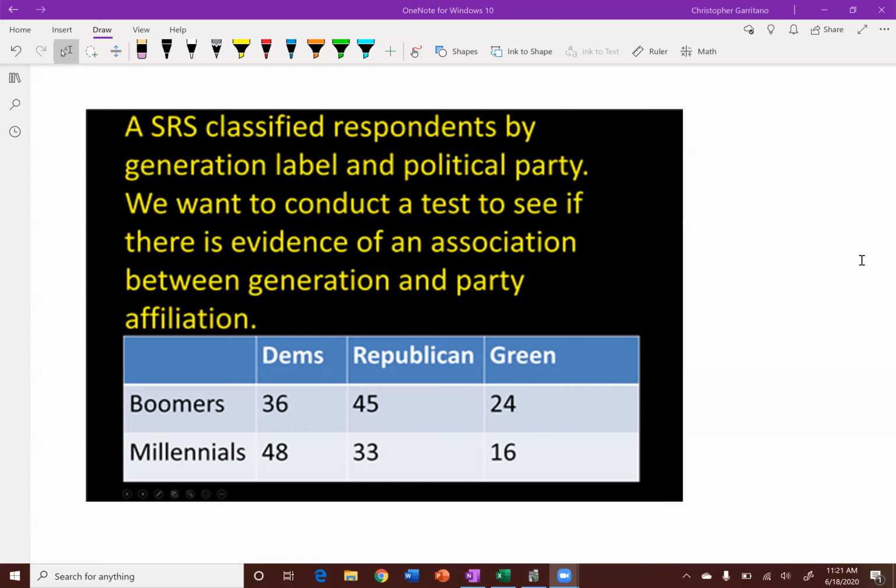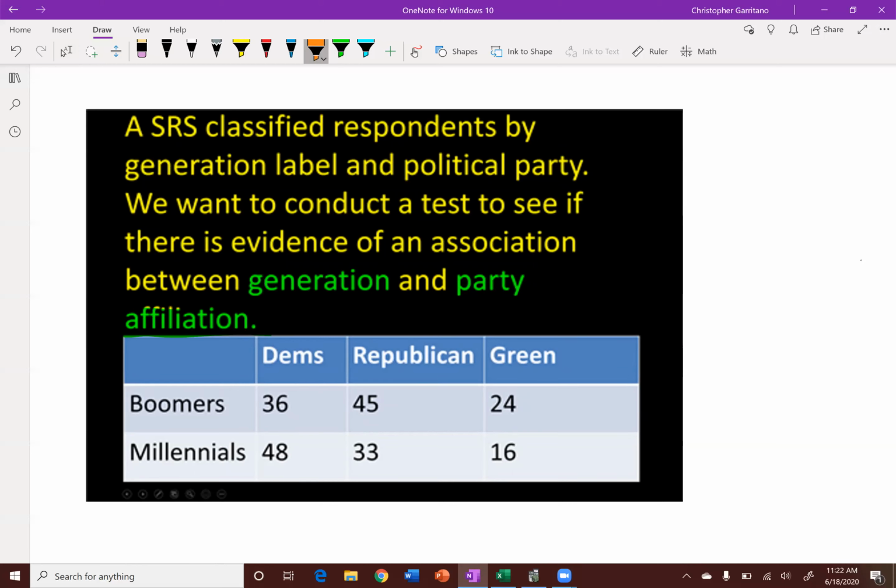And we are asking if there's an association between generation, the categorical variable of generation, and also party affiliation. That is a second categorical variable. So we're dealing with two variables. They are generation and party affiliation.